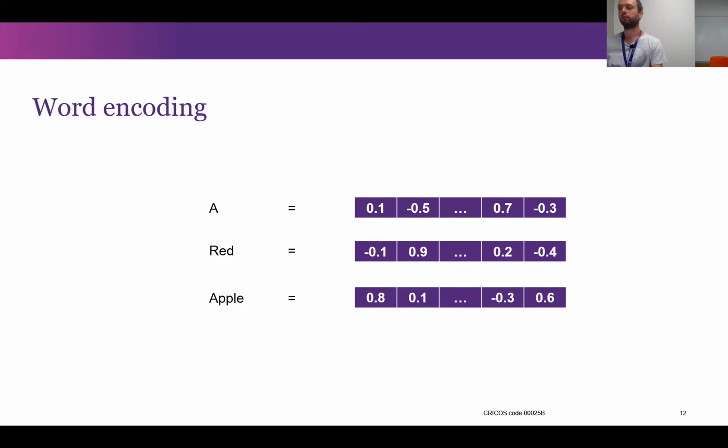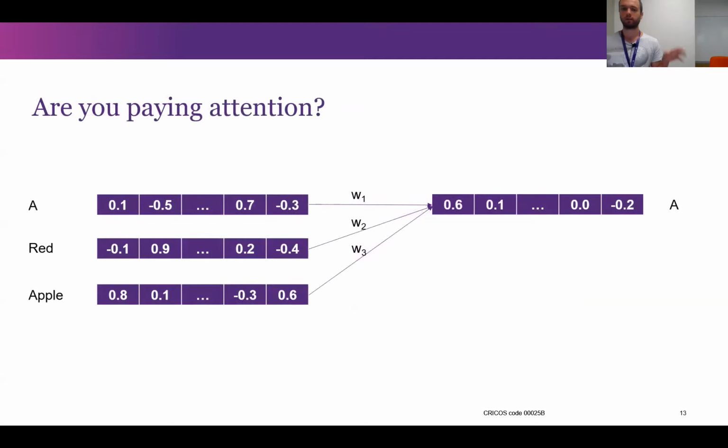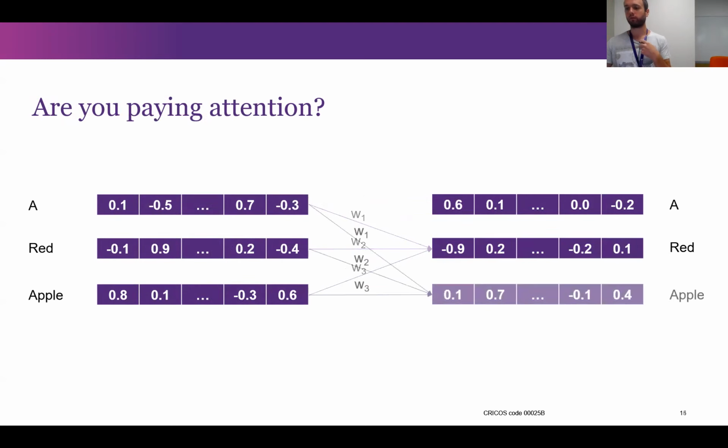In an oversimplified manner, what attention heads do is they just take the initial representation and make a weighted sum of each to obtain a new representation of the very same sentence. The purpose of this is to introduce some context into each of the tokens in the sentence. For example, if the initial embedding for apple is just some generic apple, then after applying attention heads, the representation for apple contains some information that the apple is red, for example.